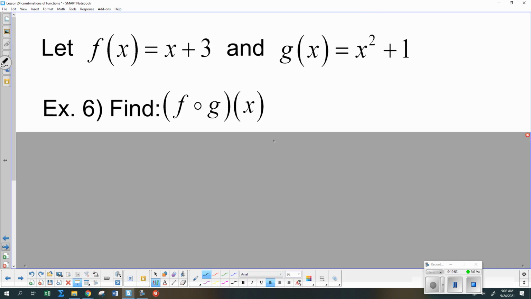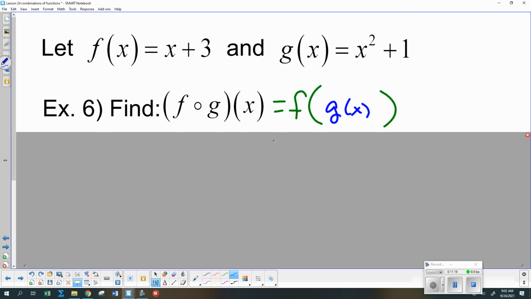Okay, let's try compositions. So first thing I'm going to do is to rewrite this without the little circle F because it helps me see more clearly which way I'm doing this. This is f of, and then g of x.